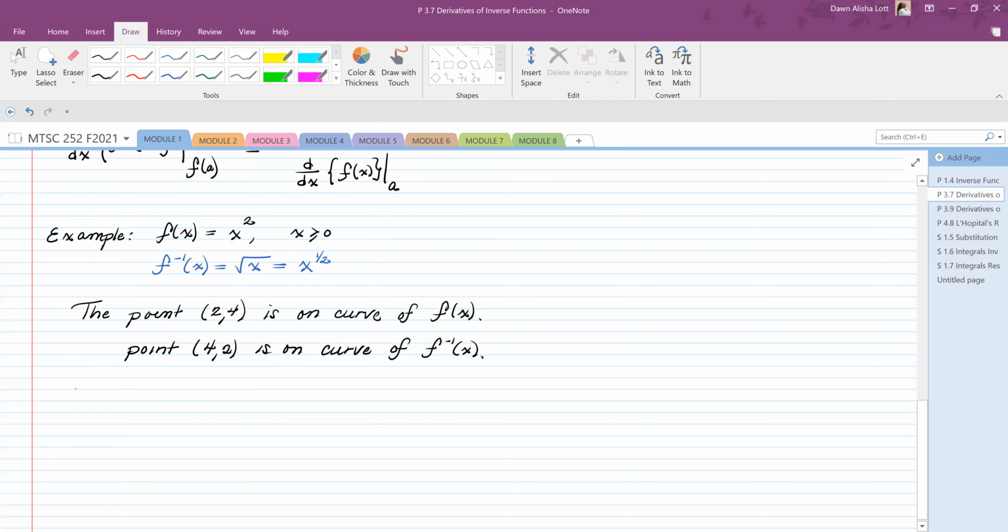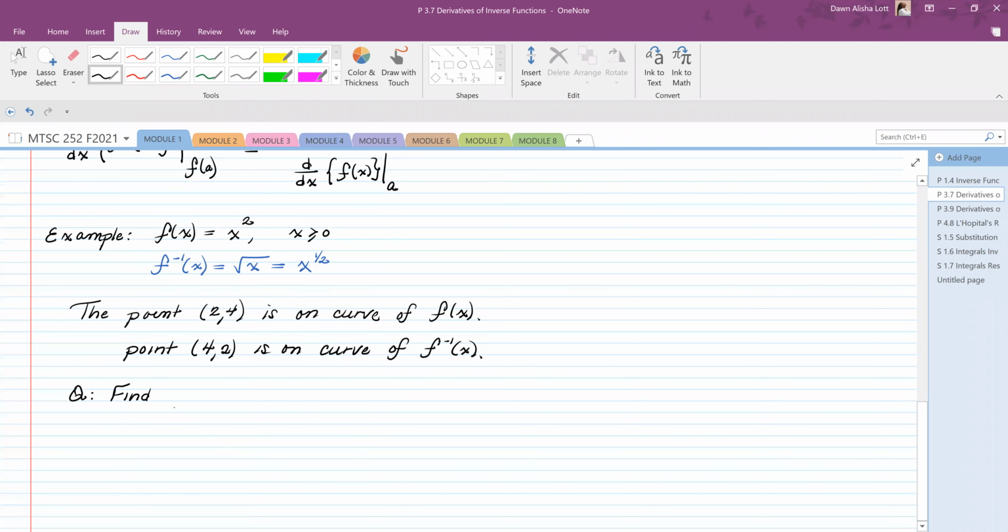So here's the question: find the derivative with respect to x of f inverse at 4.